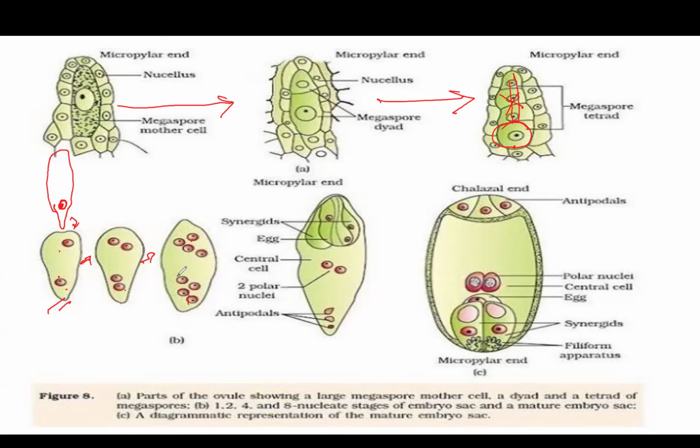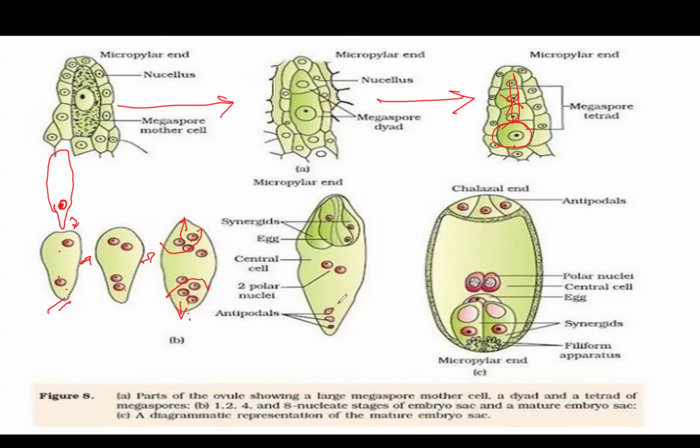Once these nuclei are formed, 3 nuclei move towards the chalazal end and 3 nuclei towards the micropylar end. At the chalazal end and the micropylar end, the 3 nuclei separate and go towards each end, and there they will form the cell wall.